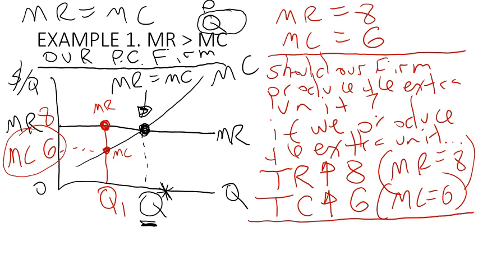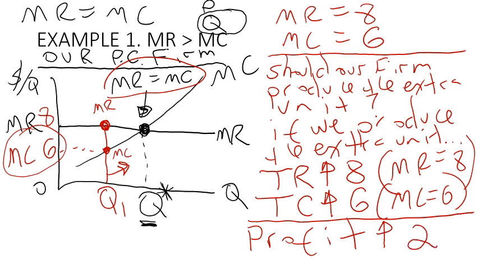So by producing this extra unit, in other words, by getting closer to MR equals MC, well, what's happened here? Total revenues went up by 8. Total costs went up by 6. So what happened to profit? Again, we're assuming this is a profit situation. Profit went up by $2.